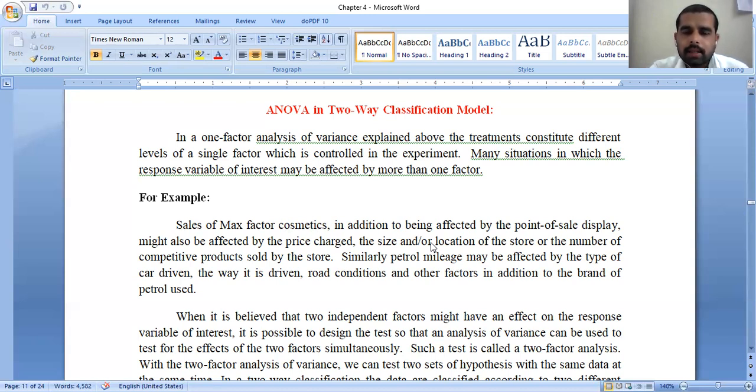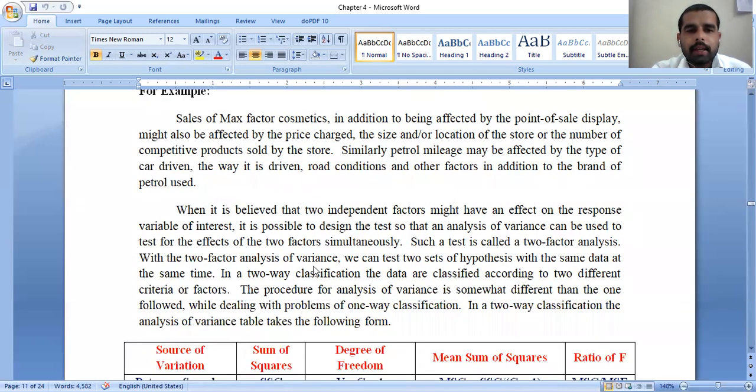We can consider that it is a two-way classification model. When it is believed that two independent factors might have an effect on the response variable of interest, it is possible to design the test so that an analysis of variance can be used to test for the effects of two factors simultaneously.